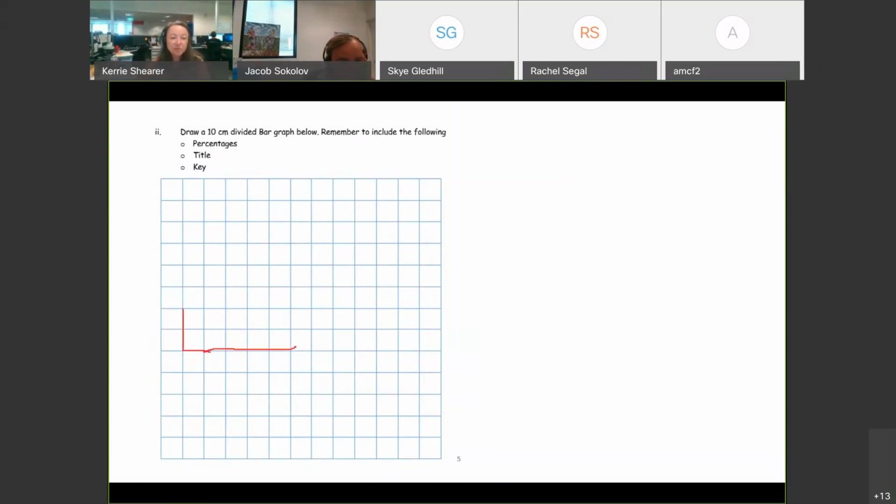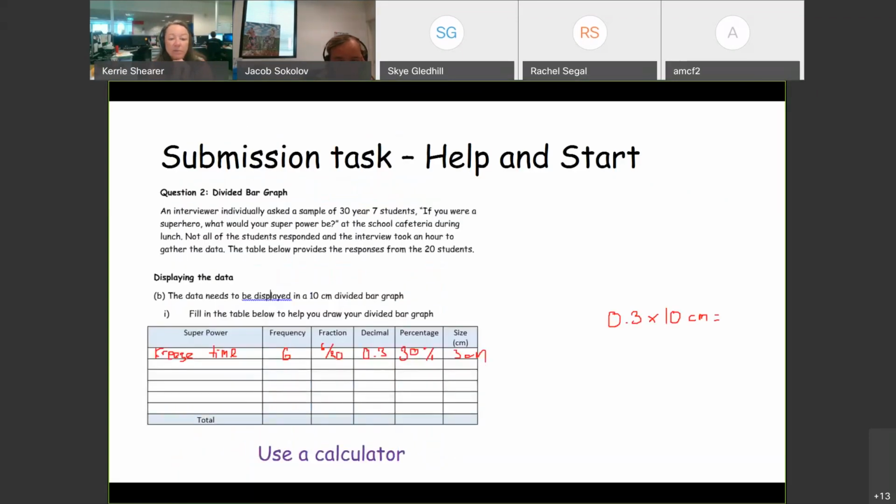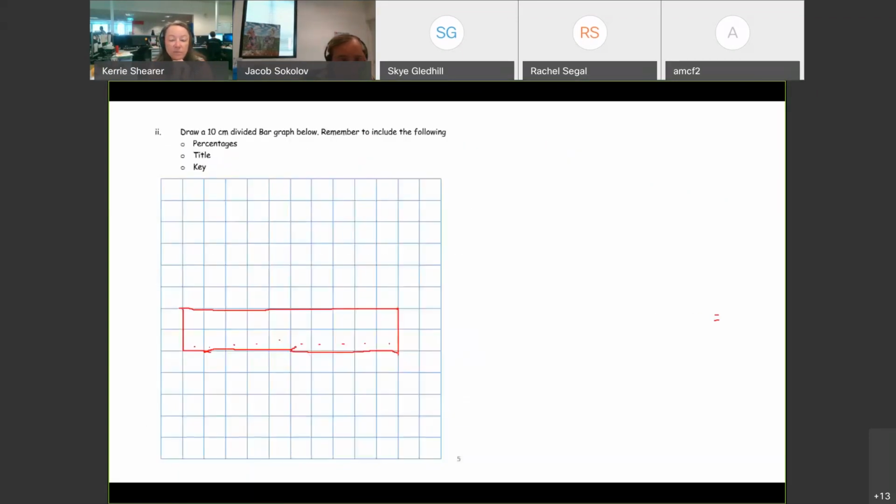So I'm just counting 1, 2, 3, 4, 5, 6, 7, 8, 9, 10. You can also do it vertically, it doesn't matter as long as you're consistent. And then go 1, 2, 3 of them, so 3 for freezing time.